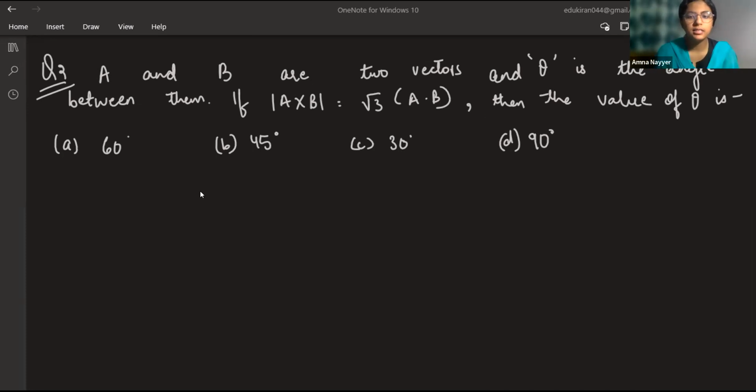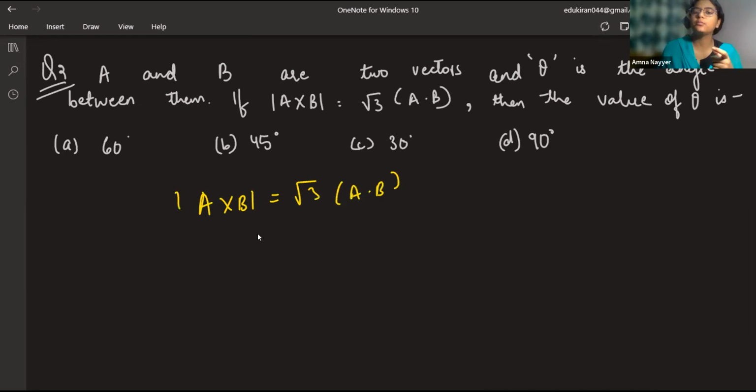See class, others. A cross B's magnitude is equal to root 3 A dot B. So A cross B, how do we write it? Just now we have discussed A cross B is written as AB sine theta. And this is equal to root 3 times A dot B, which is written as AB cos theta.